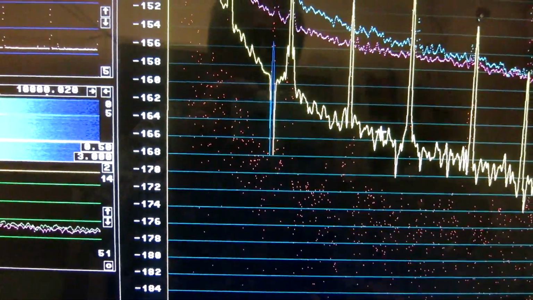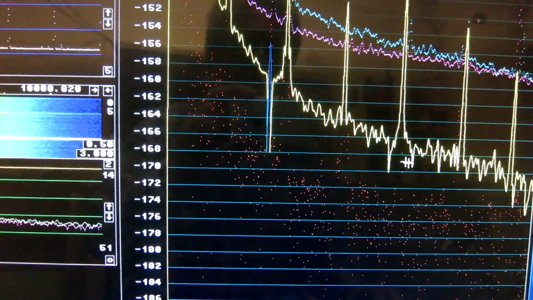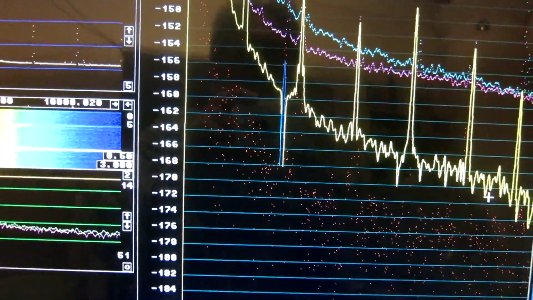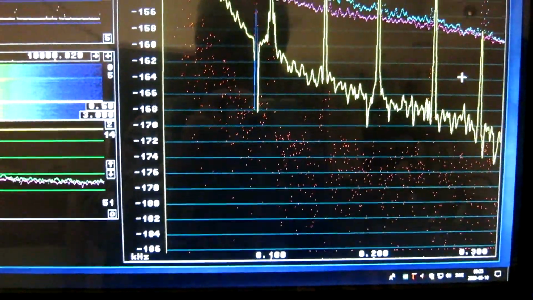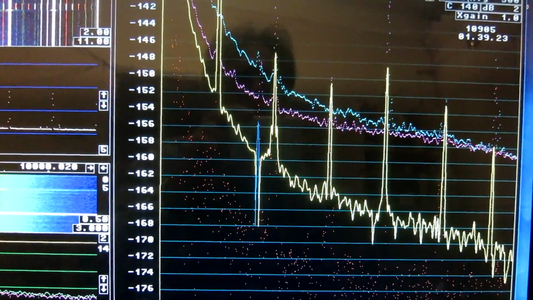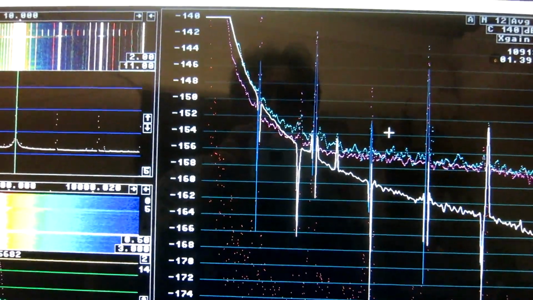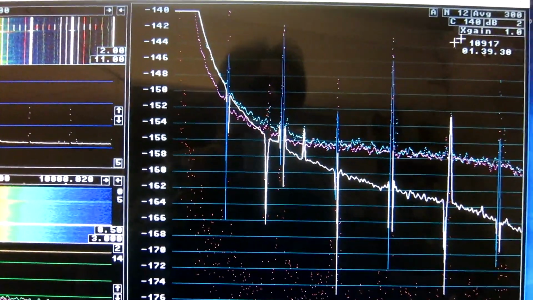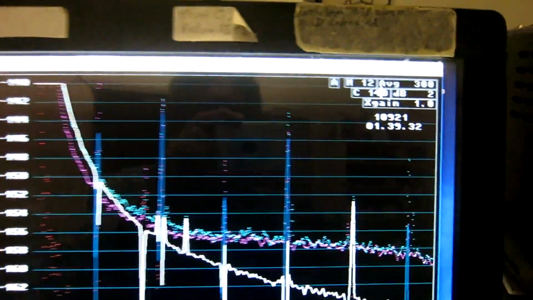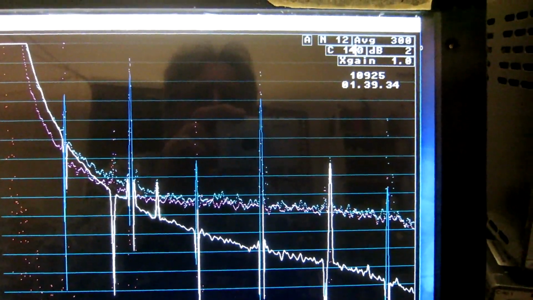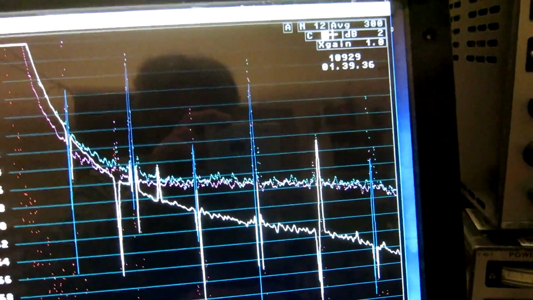And I can read this out. But first I will look at the AM noise here. And it looks a little bit different. I will change here to 130.